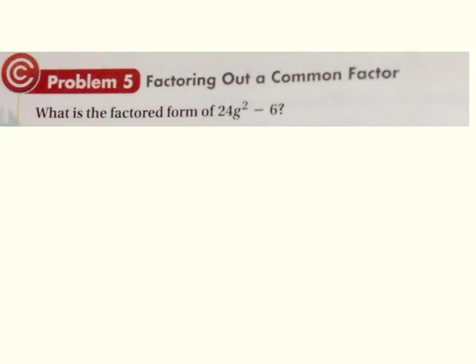Now, sometimes it's not a difference of two squares, but there is a common factor. So if you'll look at 24 and 6 here, you can factor out a 6, like a GCF, and that's going to leave you with 4g squared minus 1. Now that's a difference of two perfect squares.